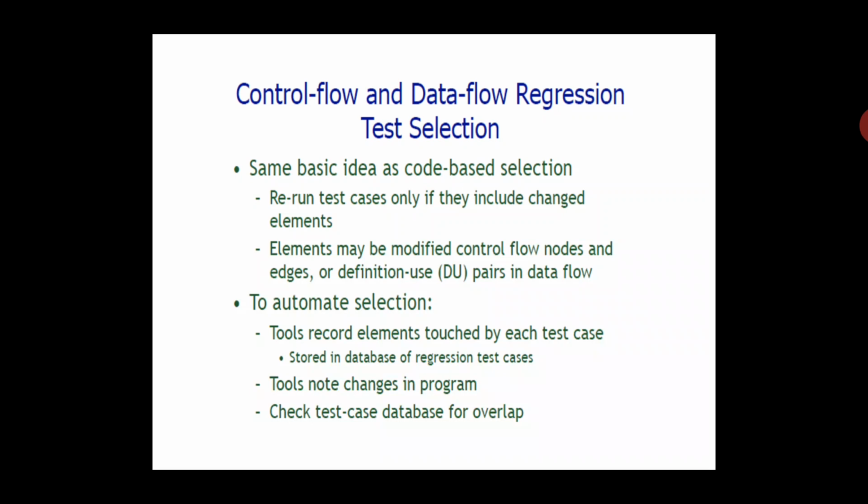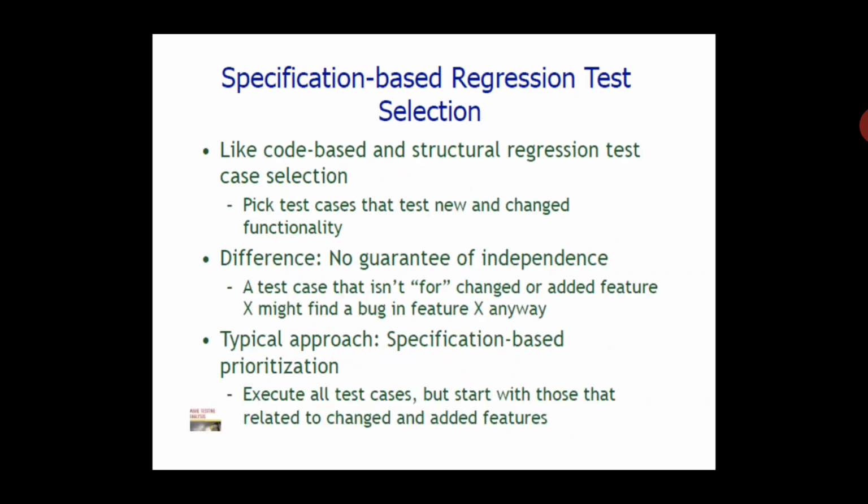To automate the selection, tools record the elements touched by each test case, stored in a database of regression test cases. Tools note changes in the program, of course, and check the test case database for overlap. These are the criteria involved in control flow as well as data flow regression test selection.